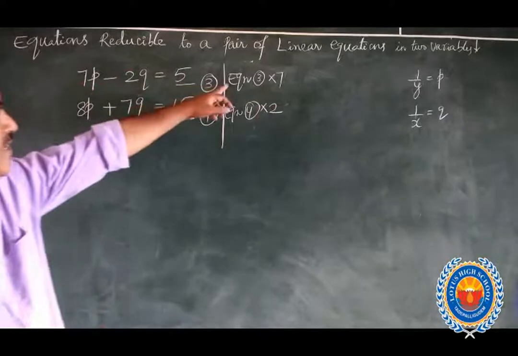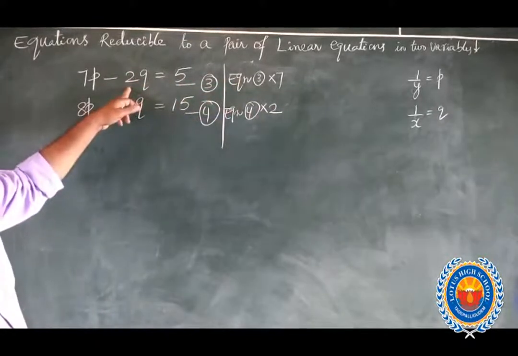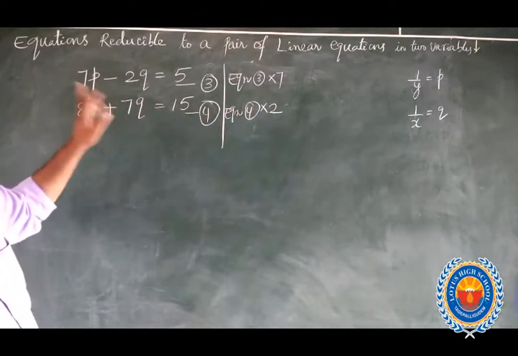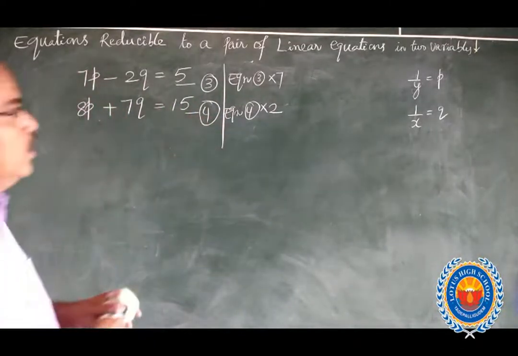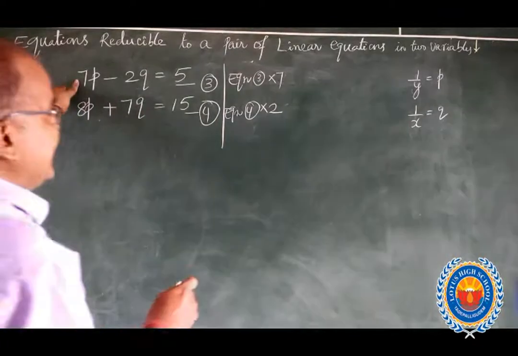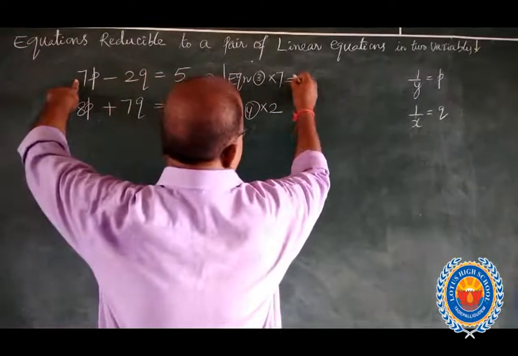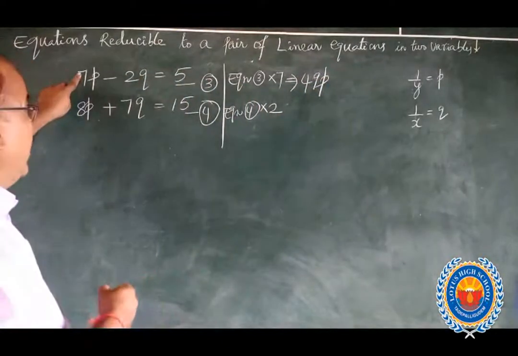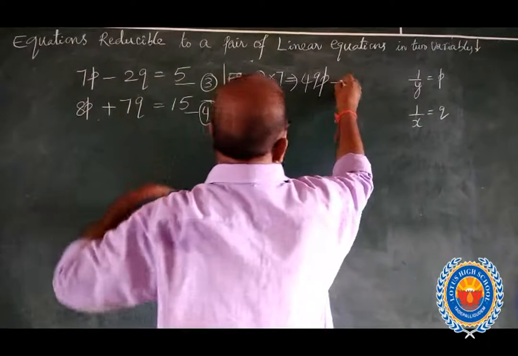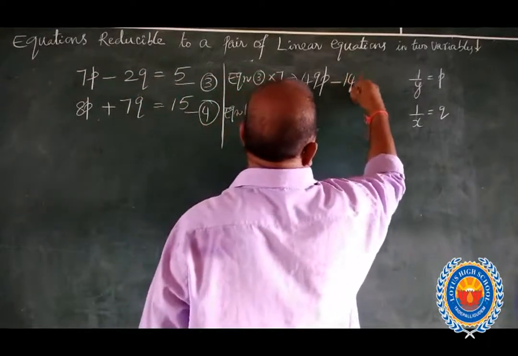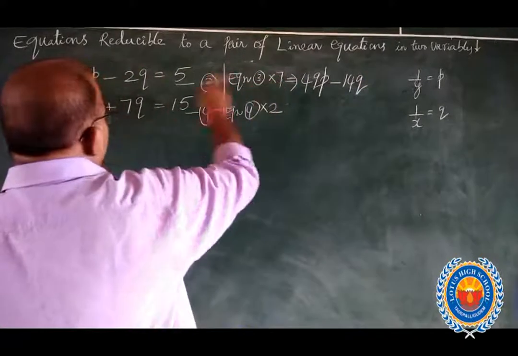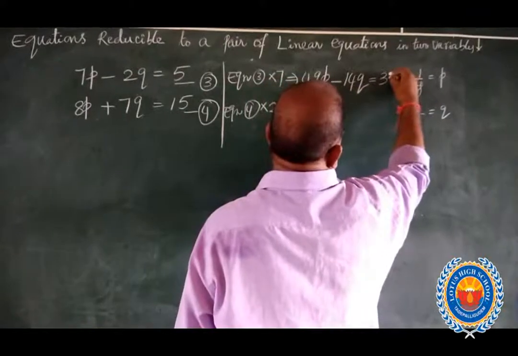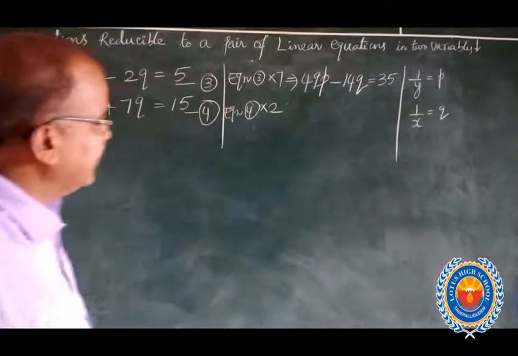Then only if it is equation 3 into 7, this will be minus 14q. If equation 4 into 2, this will be plus 14q. Then only those two will be cancelled, we will get p value. Now carefully multiply. 7 sevens are 49p. Minus 2 sevens are 14q. 7 fives are 35.